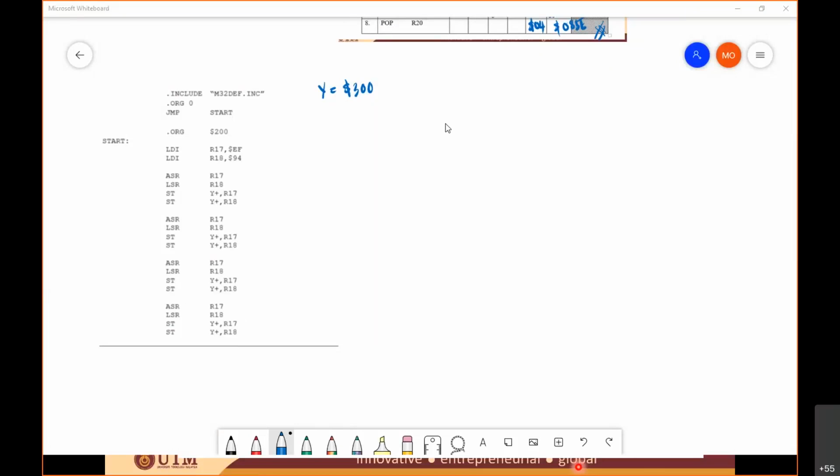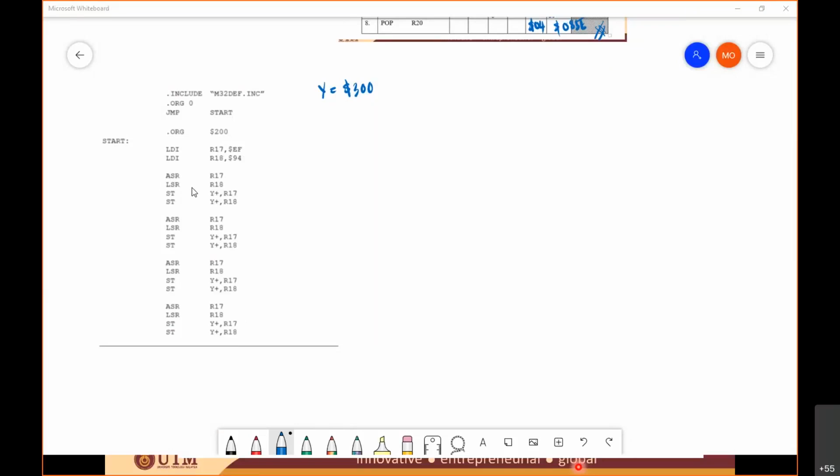If you are going to be asked this kind of question, because this one involves data rotation, I advise you to convert the R17 and R18 values to binary numbers. Once you convert these to binary, then you can do the rotation: arithmetic shift right and logical shift right.